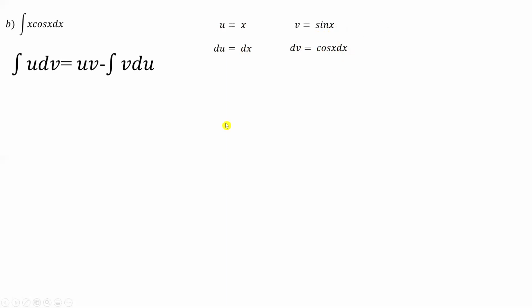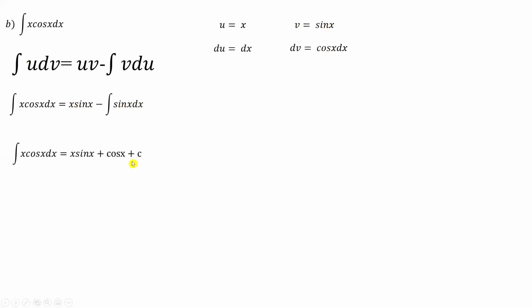We'll keep going. Now you substitute. Everywhere there's a u, you replace it with x. Everywhere there's a dv, that becomes cos x dx. u is x, v we get from here, so that's sine x. v is still sine x, du is dx. And then we can integrate this one. The integral of minus sine x, sounds like cos to me.